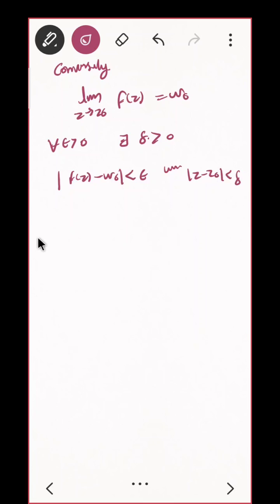Can I write like this, mod of u minus u naught is less than or equal to mod of u minus u naught plus i times v minus v naught. I'm adding something, and this thing is the same as this one, so that is less than epsilon. We're done. Similarly, correct.